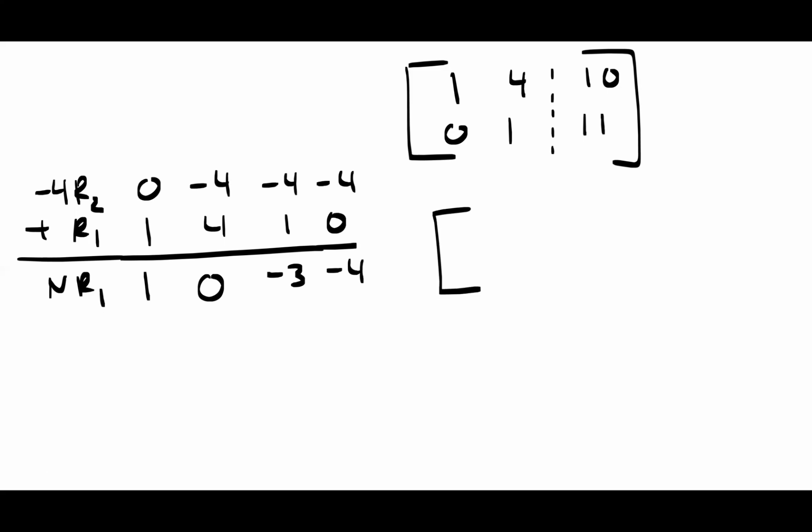Again, lots of writing here, but we're going to get somewhere. So new row 1 is 1, 0, -3, -4. And row 2 stayed exactly the same. There was no change to row 2. So 0, 1, 1, 1. And you guys talk to me. What do we see?